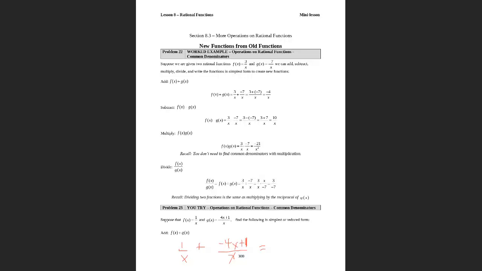What is this going to give us? You could try this before I do it. You could pause the video and try it and see if you get it right or not. This is a little tricky, but try it and see if you get it or not.